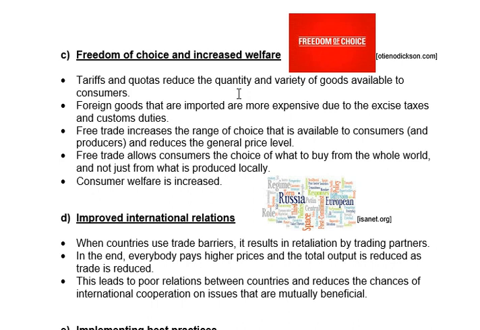Whatever they want to buy from wherever in the world they want to buy from, they are not limited to what is available in South Africa that was produced by our local producers only. Okay, they have much more choices. They can literally buy anything they want from anywhere in the world, so the amount of choices is so much higher, and that is going to increase their welfare.